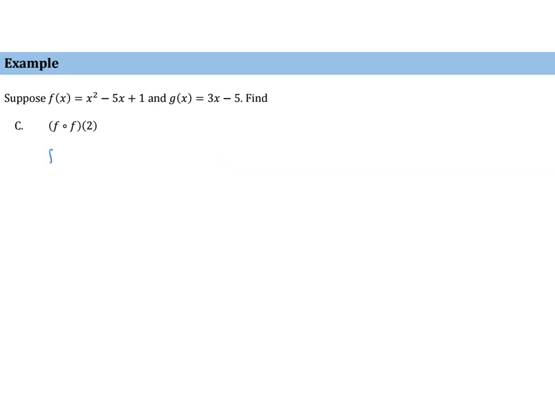We could find f composed with f of x, and that'd be f of f of x, and so we would obtain f of x squared minus 5x plus 1, which says that I need to take that input, square it, minus 5 times that input, and then add 1.